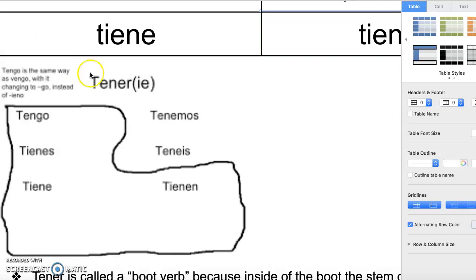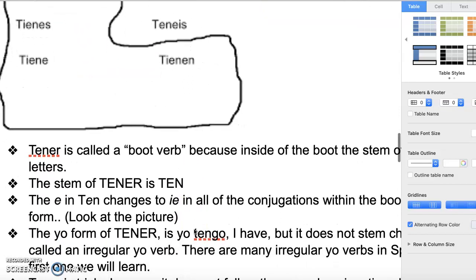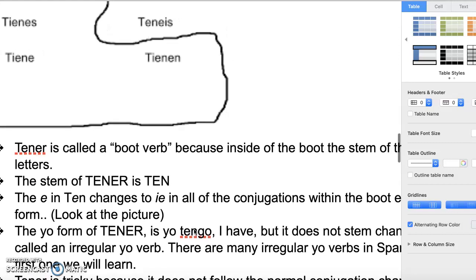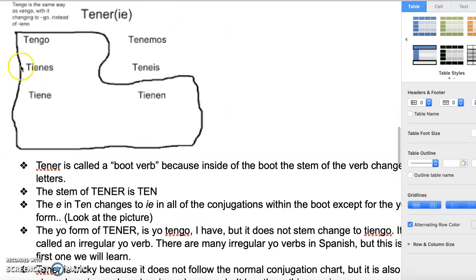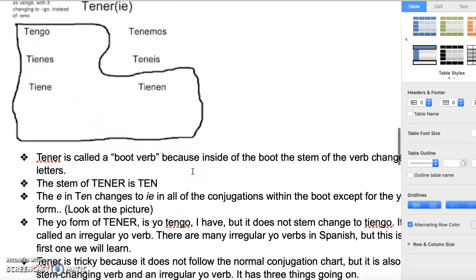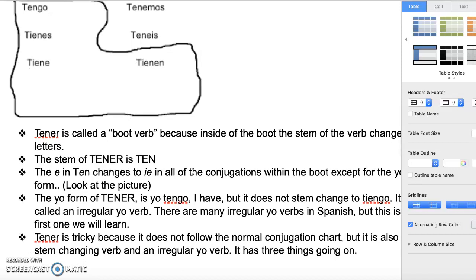So tener has a lot going on, and that's what I explain here. Tener is a boot verb because inside the boot its stem changes. We talked about that the stem is every letter before the ER. So in this case, it's TEN. We looked at the E in TEN changes to IE inside the boot except for the O form.